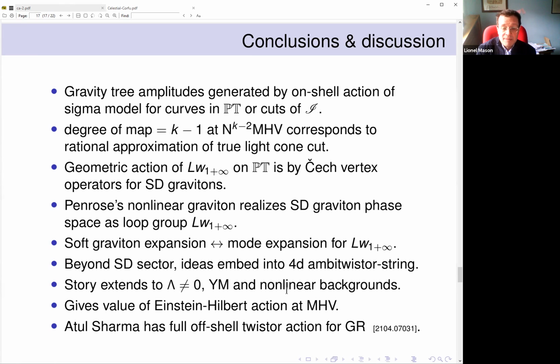Typically, if you look at the plus plus minus amplitude, that's local on twistor space and disappears as soon as you look at it. Certainly if you go on shell, it disappears, whereas the minus minus plus does not disappear. That is already realized here.